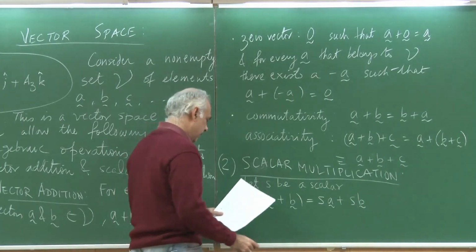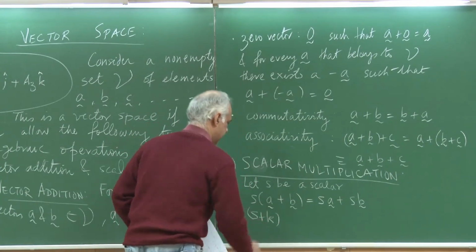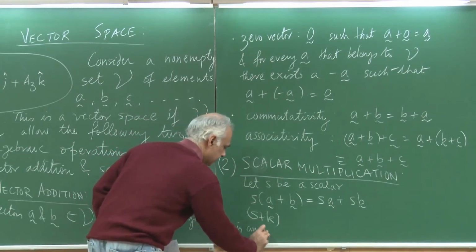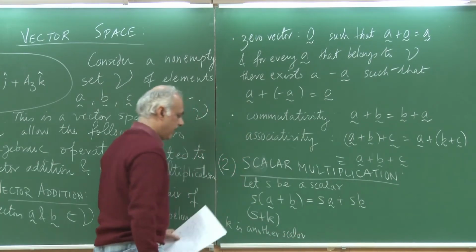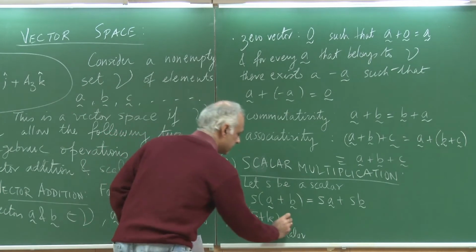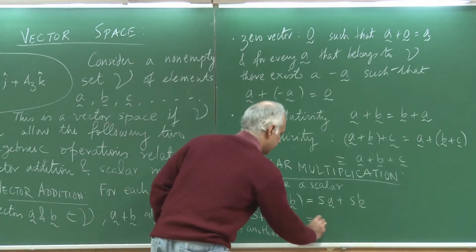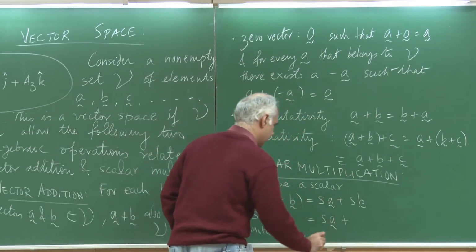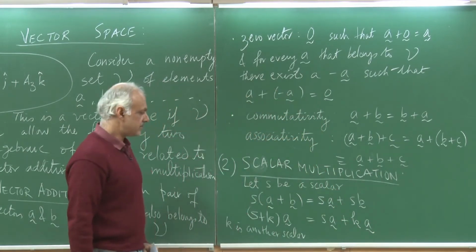respected. Similarly, if I take two scalars, so K is another scalar, and this I multiply with a vector A, then this should also be equal to S times A plus K times A. Okay.